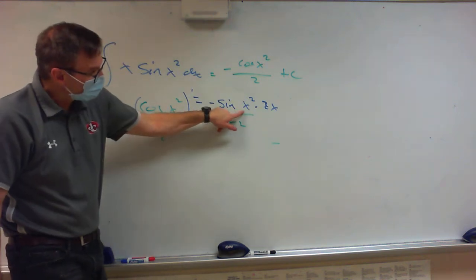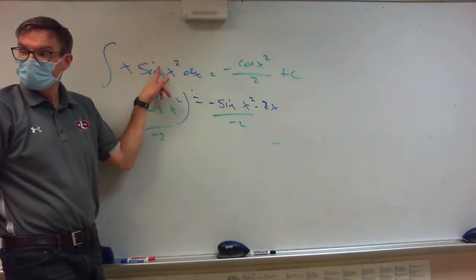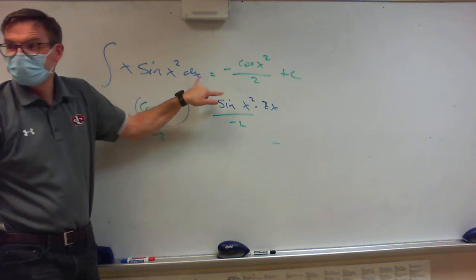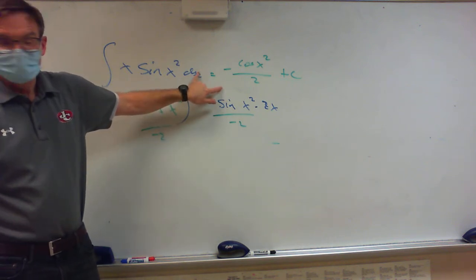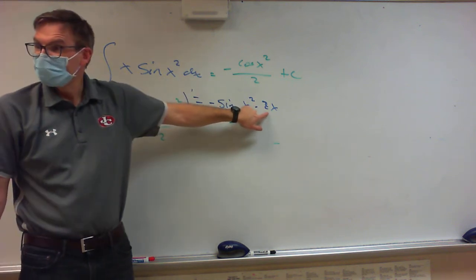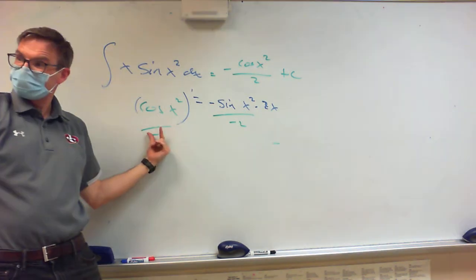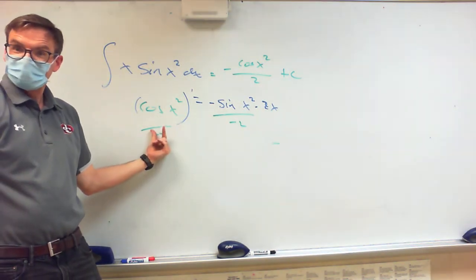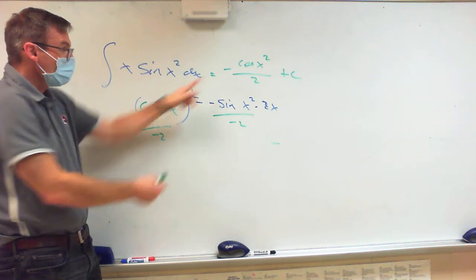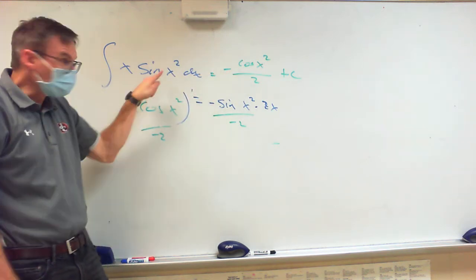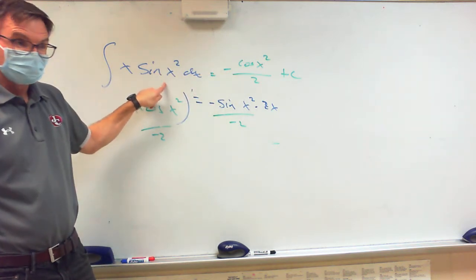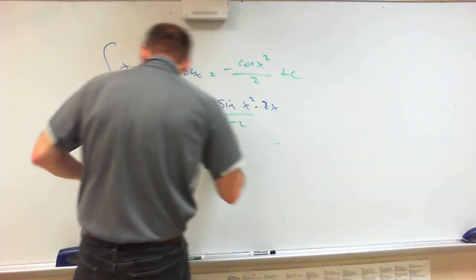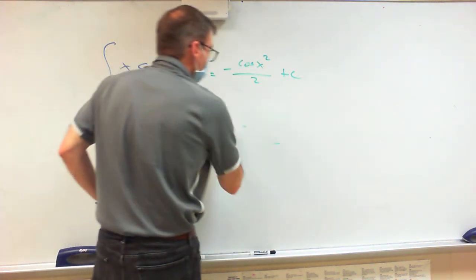And now when I compare this to what I want, this doesn't exactly match up, does it? It's off by a negative and a 2. Yeah. So that's why I had to divide both sides by negative 2. And now my claim is, if you take the derivative of this, you will get this. Right? One more, and then we're going to practice.